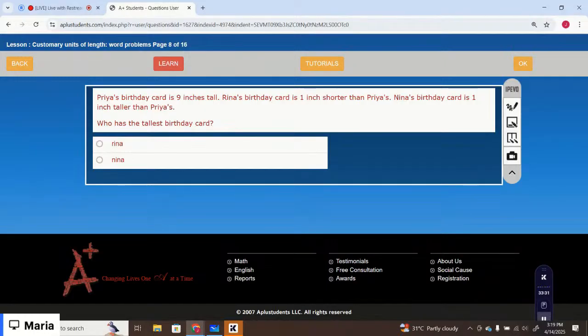Ria's birthday card is 9 inches tall. Rina's birthday card is 1 inch shorter than Priya's. Nina's birthday card is 1 inch taller than Priya's. Who has the tallest birthday card?